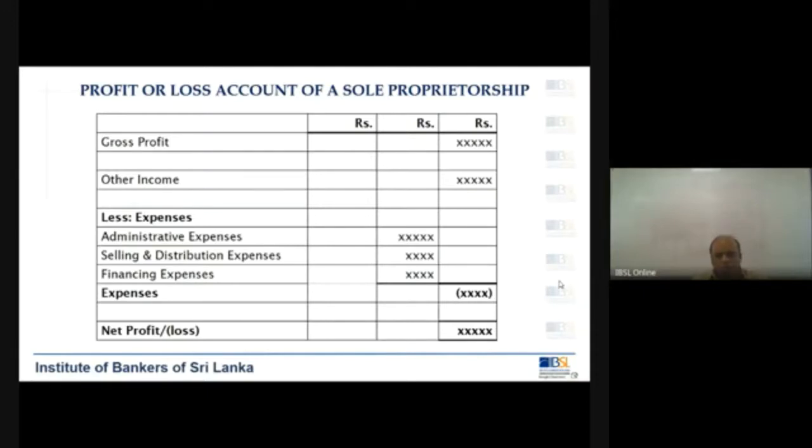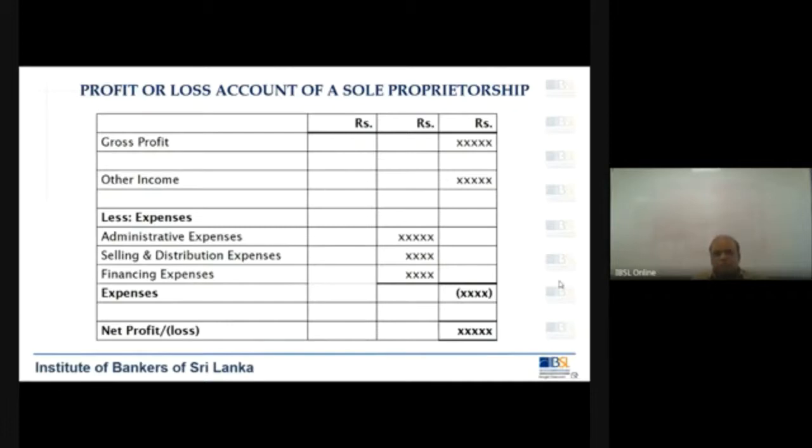Then you might also have financing expenses. If you decide to expand the business and take a loan from the bank, you have to repay that loan and pay interest on it. All those are considered finance expenses.